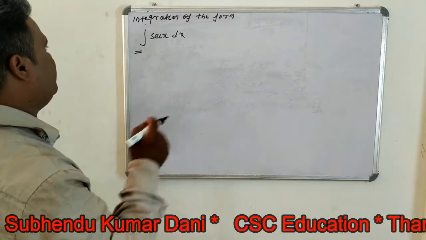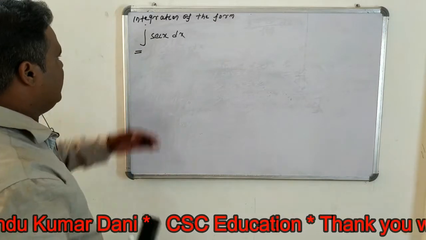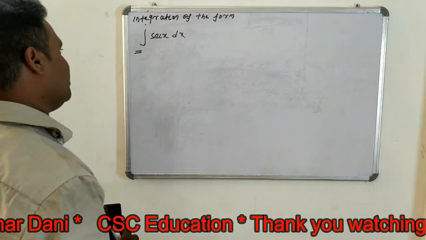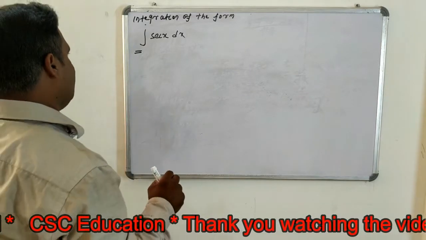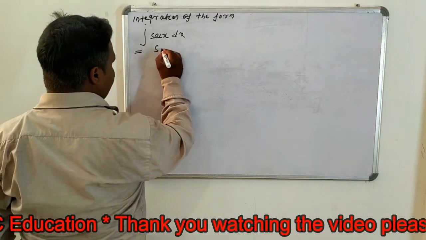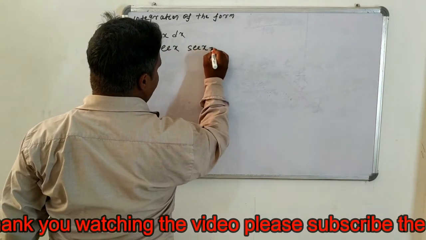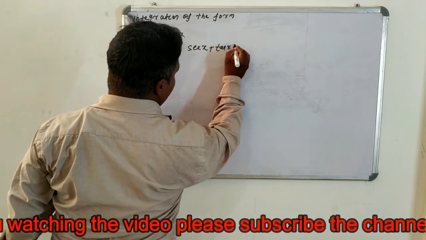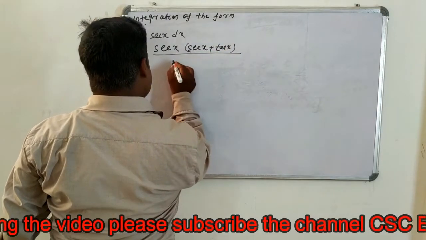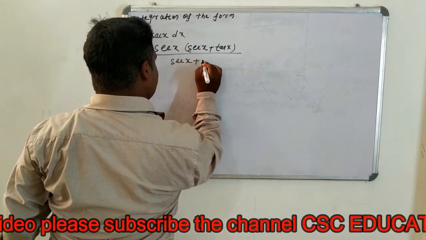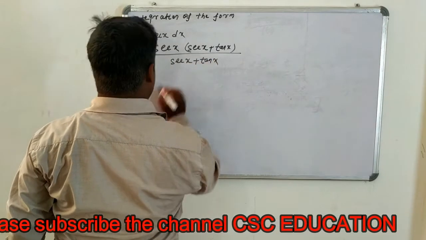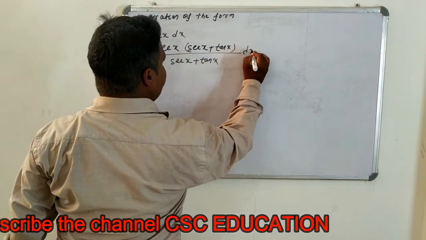Which type of trigonometric relation? I know that sec has a square relation, so in the upper part we multiply and divide by sec x plus tan x, dx.